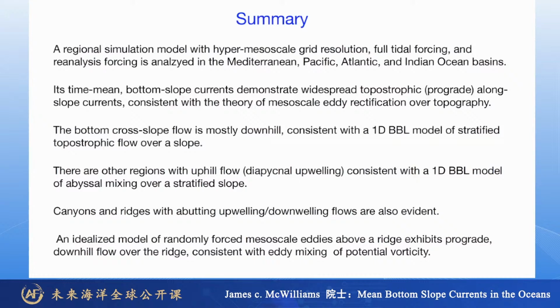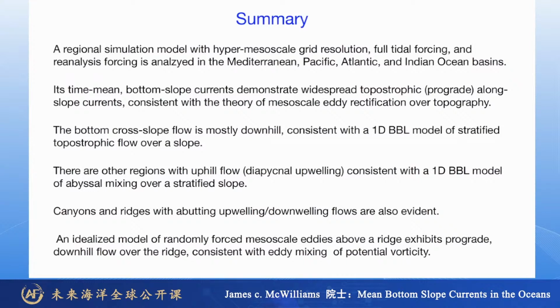Its time mean bottom slope currents demonstrate widespread topostrophic along slope currents consistent with the theory of mesoscale eddy rectification by essentially a geostrophic turbulence dynamics over topography. The bottom cross slope flow is mostly downhill, consistent with a one-dimensional bottom boundary layer of stratified topostrophic flow over slope, which is part of the Capo paper I cited earlier.